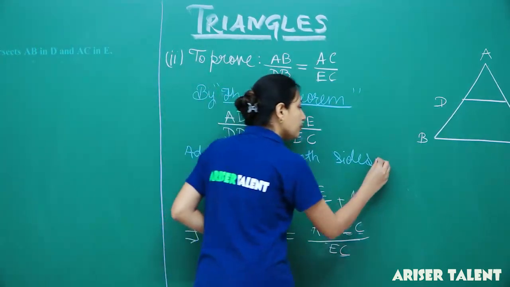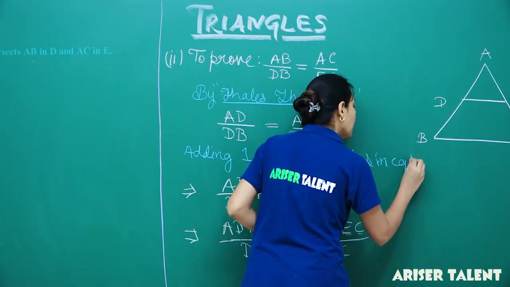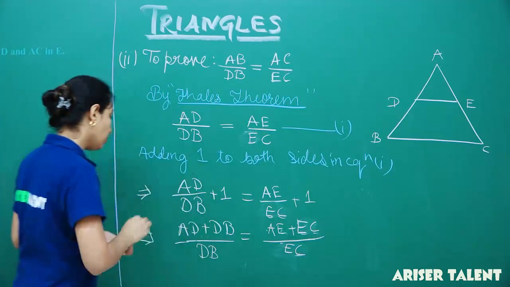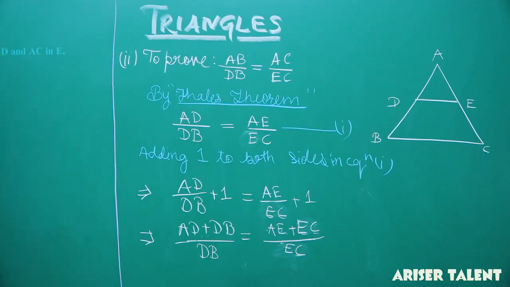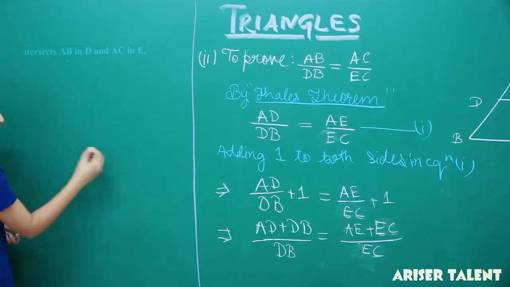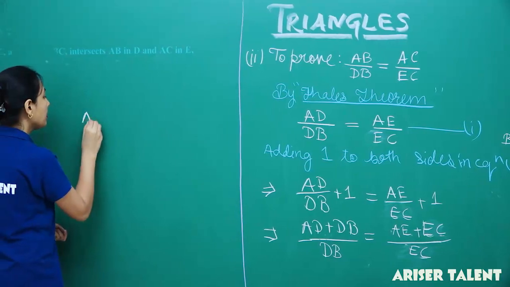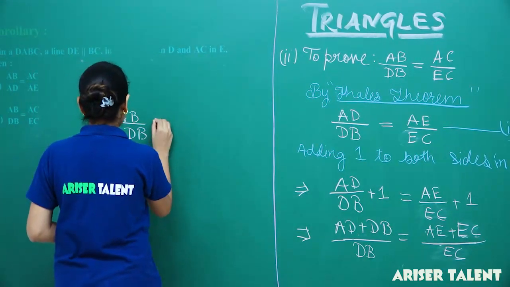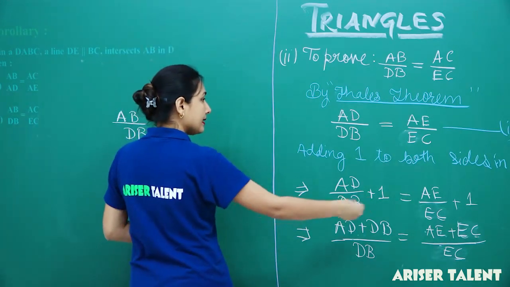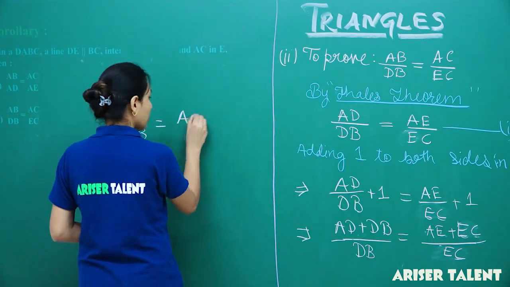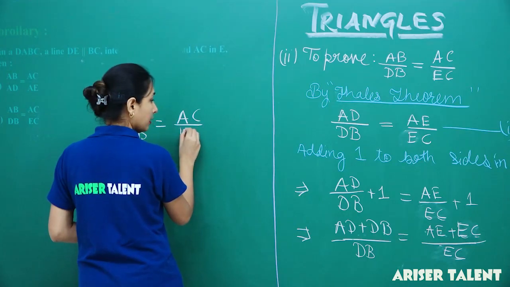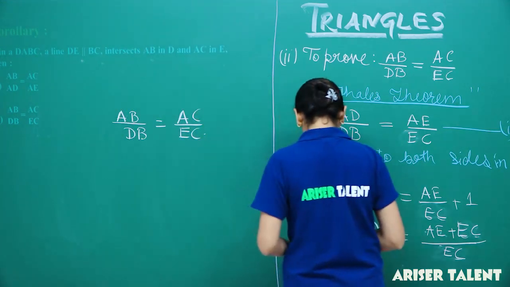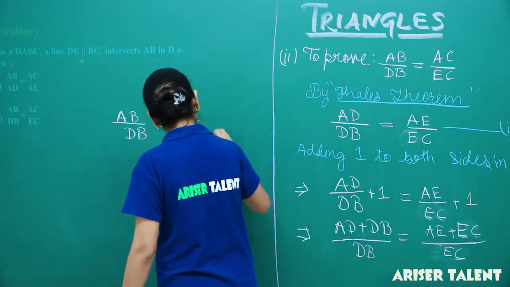In equation 1 you can write this as equation 1. Now, solving this, it will become AB by DB equals AC by EC. So, are we looking for it?